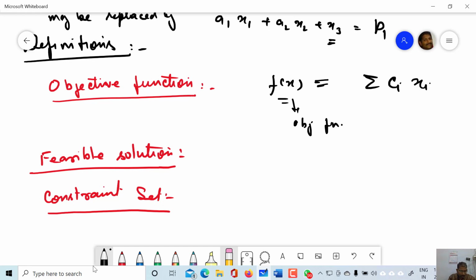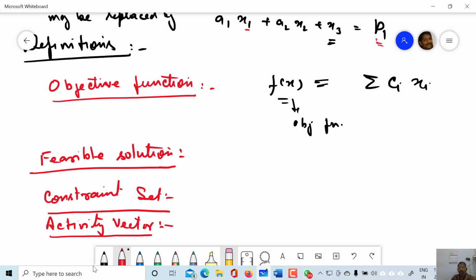Activity vector. In the case of a matrix, the activity vector. If the equation variable is in matrix format, then that variable is called the activity vector. If the equation is in the form of a matrix, then the right side vector is called the activity vector.